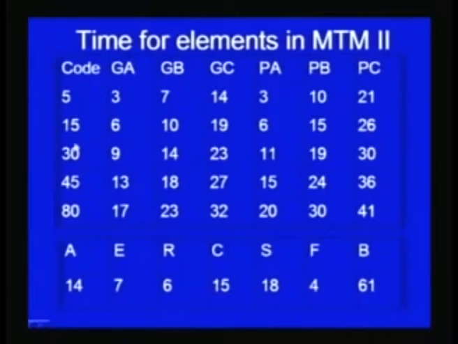If it is in the range of 15 to 30 centimeter, it is given code 30, and for a distance travelled by the hand while performing the get or the put of 30 to 45 centimeter, code 45 is given, and similarly for a distance more than 45 and up to 80, it is given code 80. And these values indicate the time required for performing the get A, which is 3 TMU for distances less than 5 centimeter.